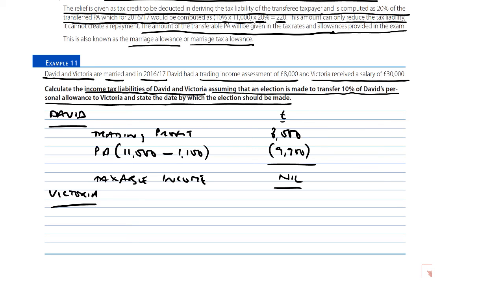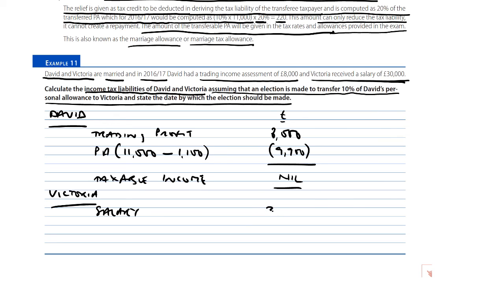Now, Victoria has one source of income. She's got employment income, a salary. Now, a salary is trading income, no, it's non-savings income, just as the trading profit of David is. So I'm going to abandon, with your permission, the analysis column.